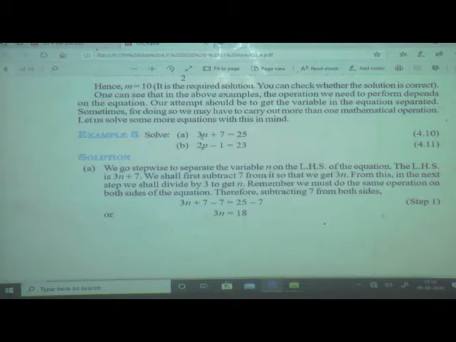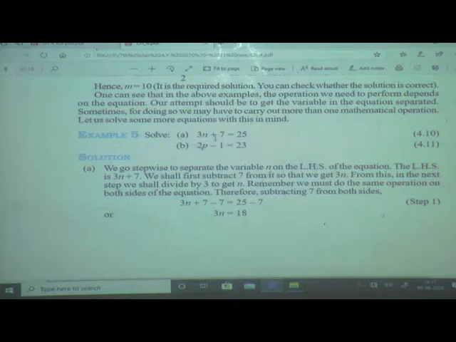Just think what we can do in this equation. 3n plus 7 is equal to 25. We can't find n directly because it is a multiplication, so we can try with plus 7. We can find the value of 3n, and after finding that, we have to find the value of n.